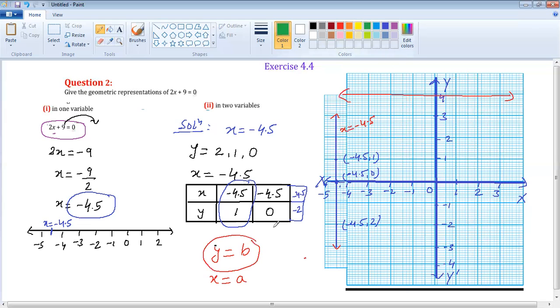And when we are given x is equal to some value, this one is perpendicular to the x-axis, while it is parallel to the y-axis. And this one, y is equal to b, is perpendicular to the y-axis but parallel to the x-axis. So these are the common differences between one variable and two variables.